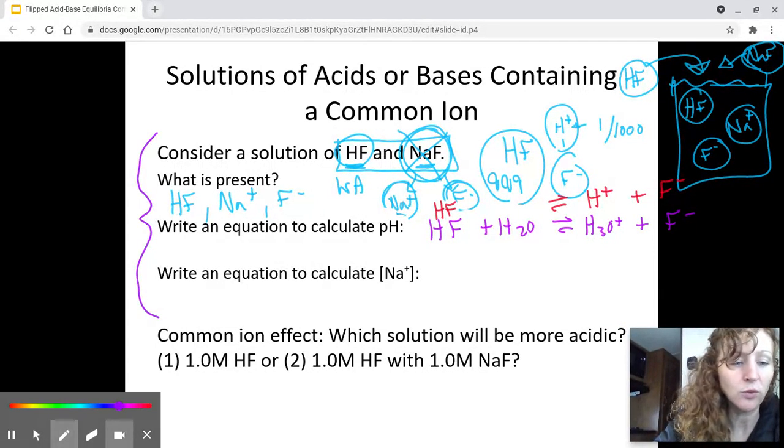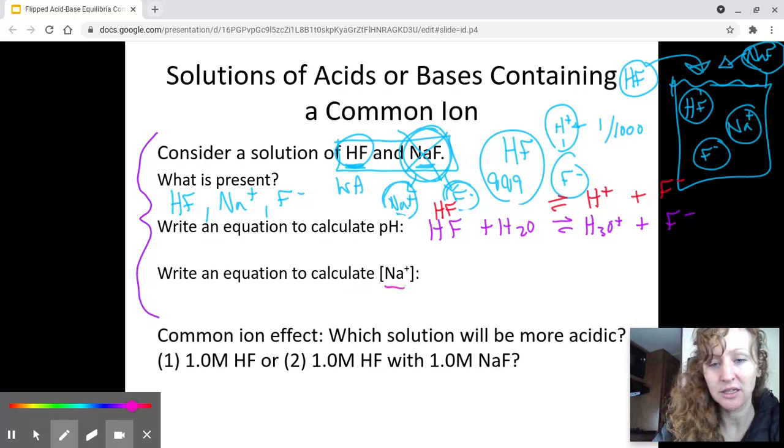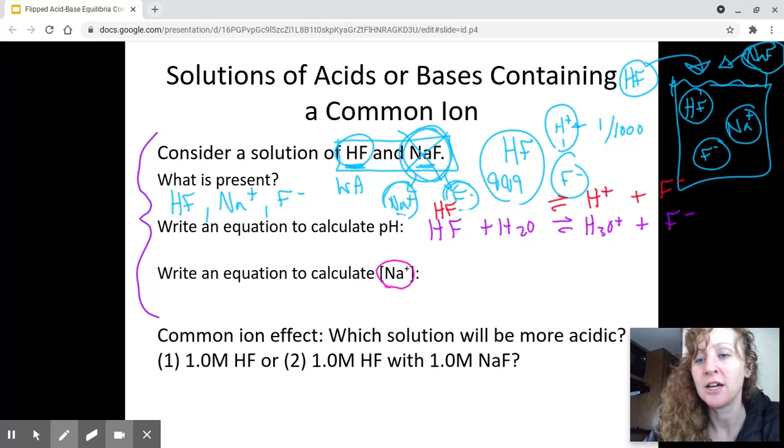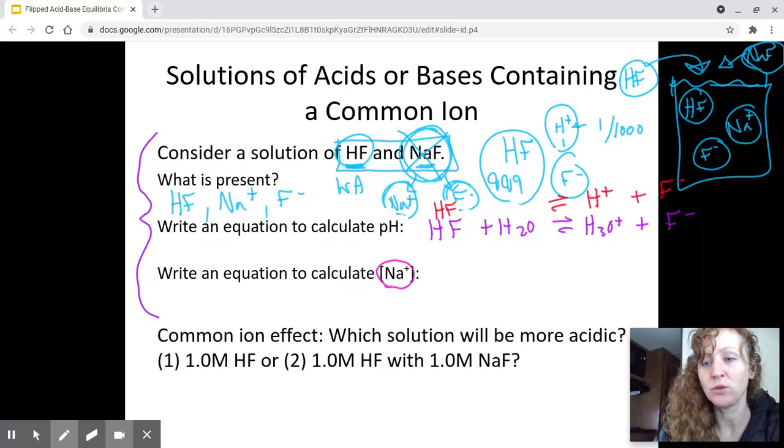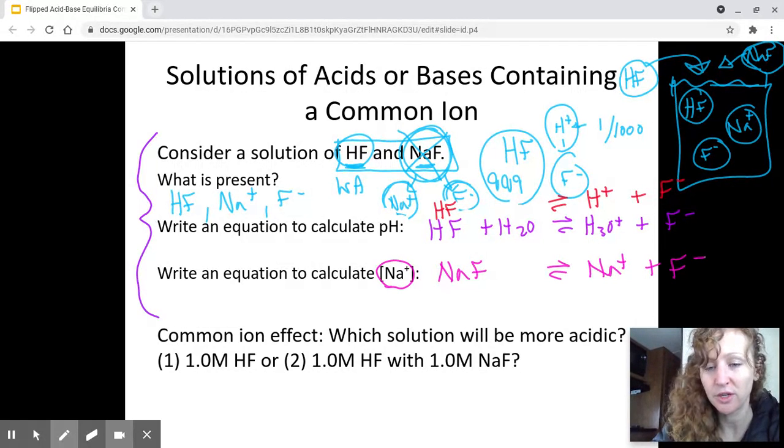Okay, now what if we didn't want to know the hydrogen concentration? What if we wanted to calculate the sodium concentration instead? Well, this reaction, as we've written it, doesn't give us that information. So we need a different reaction that will result in us having information about the sodium ion.